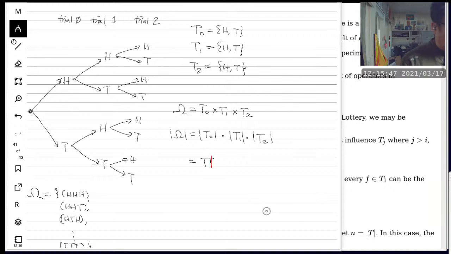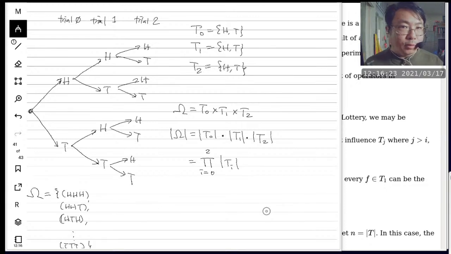The sigma notation is for summing, because sigma starts with S, the first letter of sum, and pi represents a series of multiplication because it has the same first letter as product. So that's why we use pi, to represent a series of multiplications. In this case, we have I going from 0 to 2, and then the cardinality of T subscript I, and that's kind of what we are talking about in the notes. Are we still good?